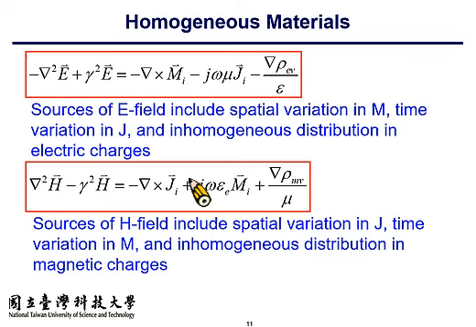What happens if at a certain point in the space there is no electrical charge, no magnetic charge, no electrical current, nor magnetic current? Then the right-hand side of the equation becomes 0. Remember, these equations appear in differential form, which means they are valid at a certain point.